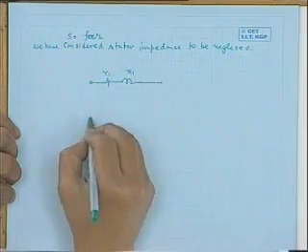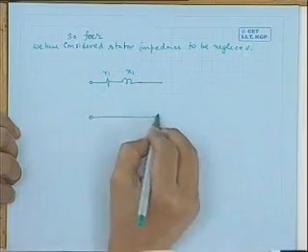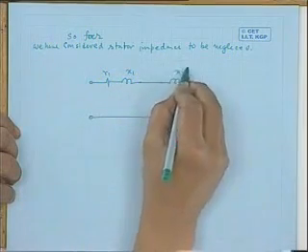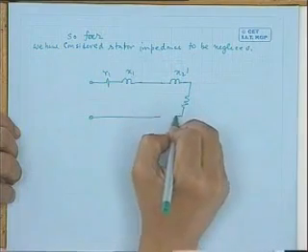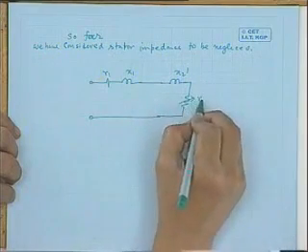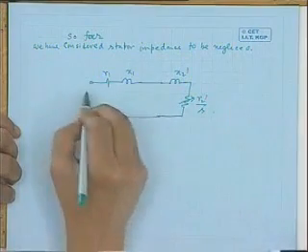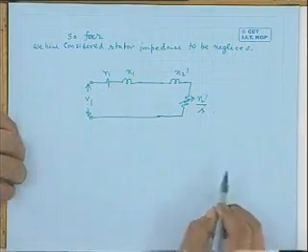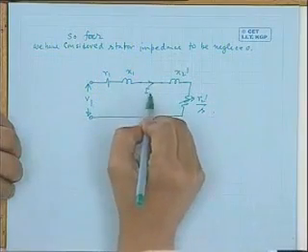Now suppose stator impedance is also present, R1, X1, and let us neglect the no load current, that is the core loss component of current. Then your equivalent circuit will look like this one, with X2 dashed and R2 dashed by S.